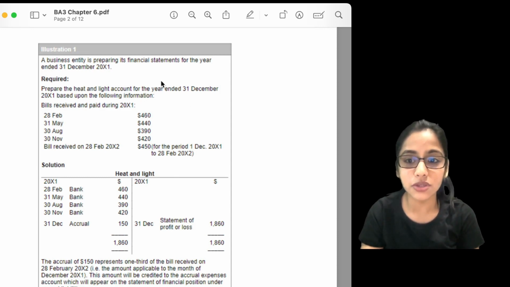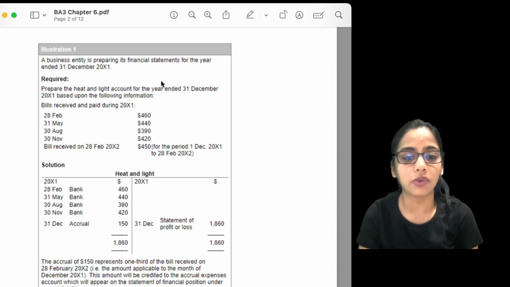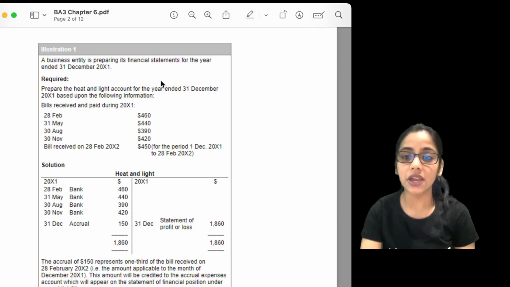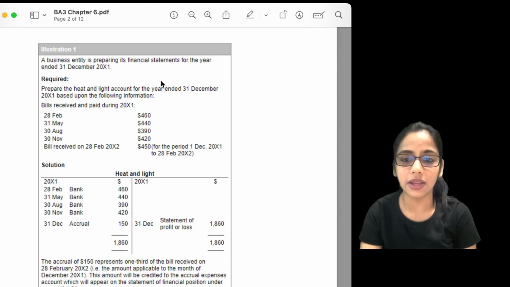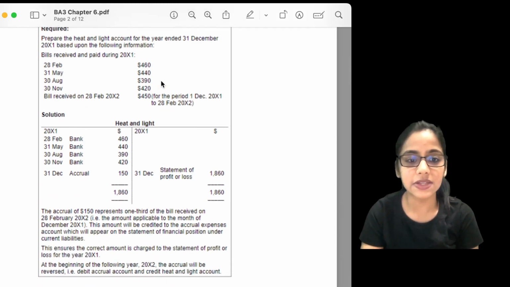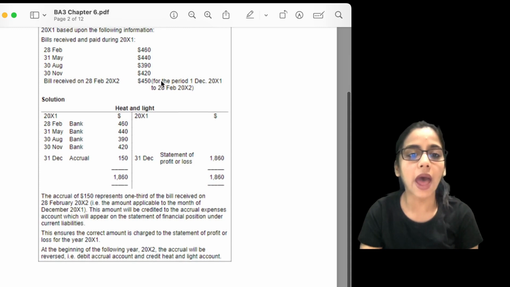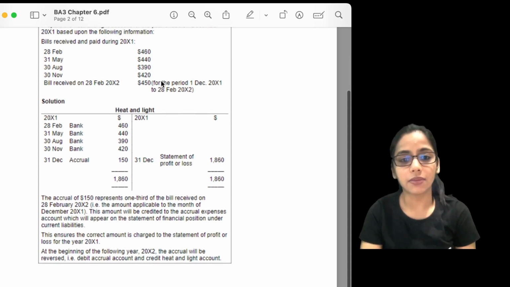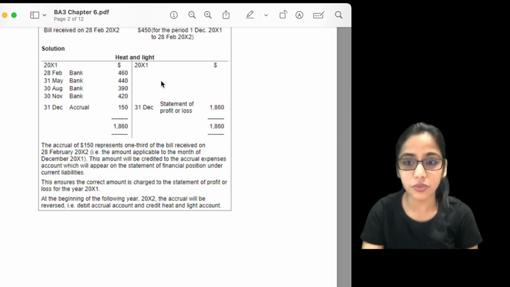So we will use 450 divided by 3 and then list the 150 amount here, because the expense was still incurred in December, but you will have to pay it at a later date for 3 months, for a quarter. So this is how 1/3 of the expenses represents the amount applicable to the month of December. Then you will add all the expenses and list it in the statement of profit and loss. So this is quite simple.